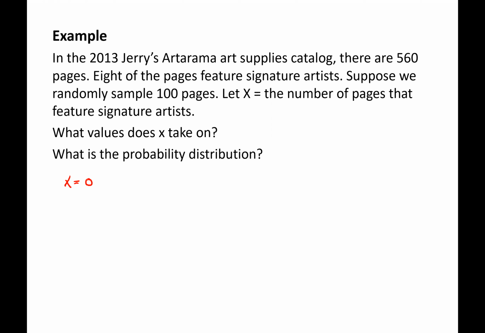Or we could see 1, or maybe 2, or 3, or 4, or 5, or 6, or 7, or 8. We're not going to see more than 8 pages in this sample of 100 because we only have 8 pages in the catalog that feature signature artists. So our random variable could take on values from 0 to 8.